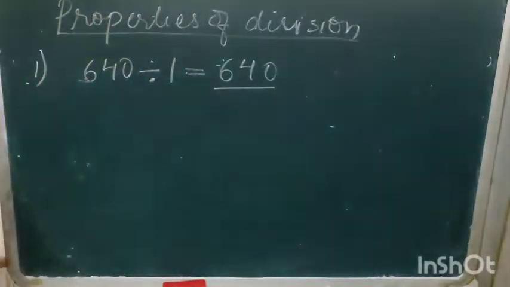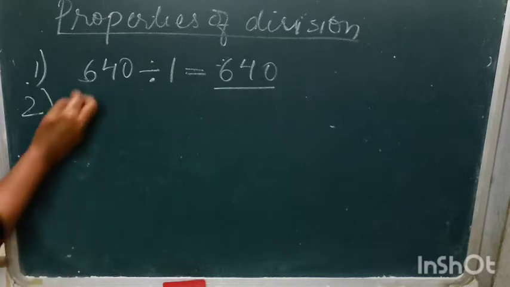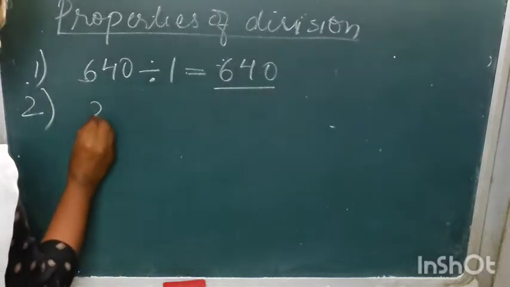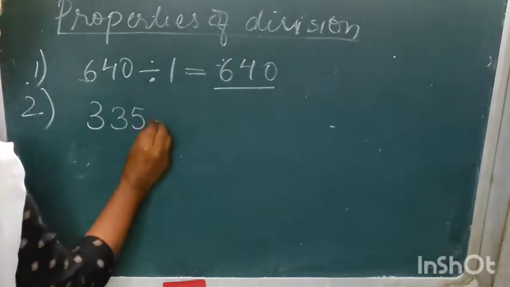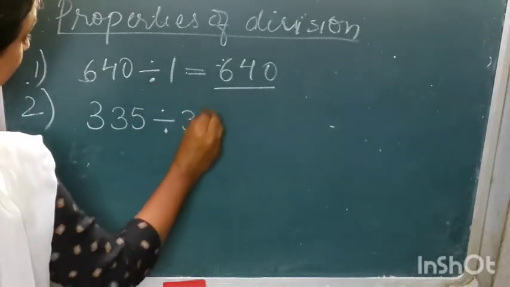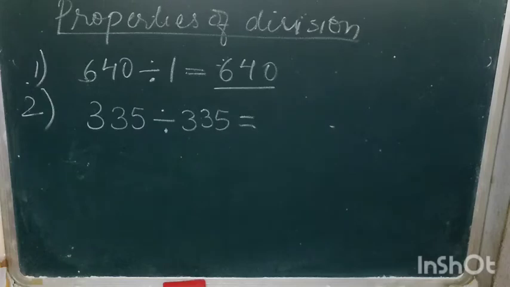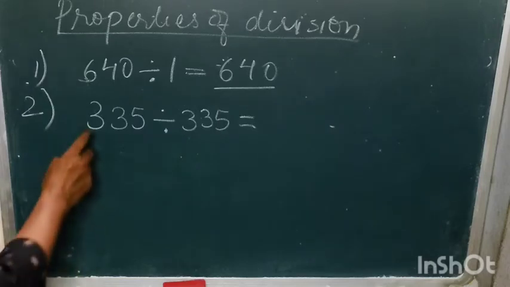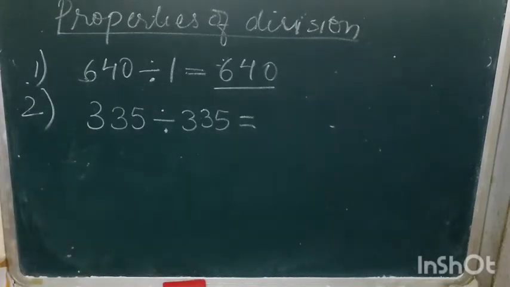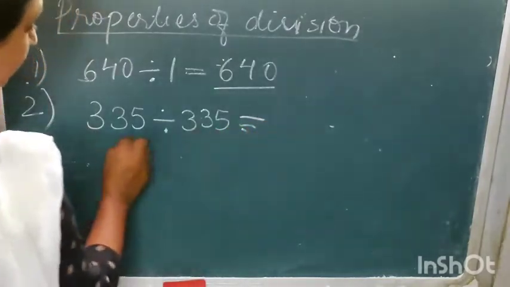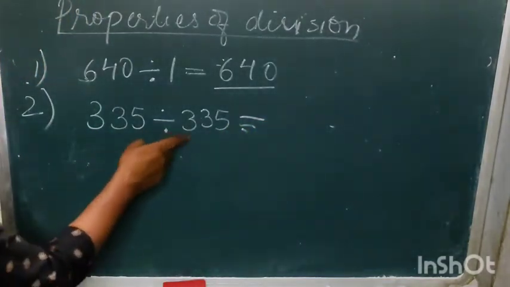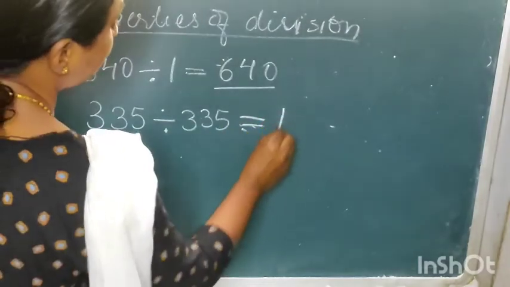Next property is when a number is divided by itself. Suppose 335 divided by itself, the same number. When a number is divided by itself, the quotient is always 1. When you divide the number by the same number, the quotient will be 1.